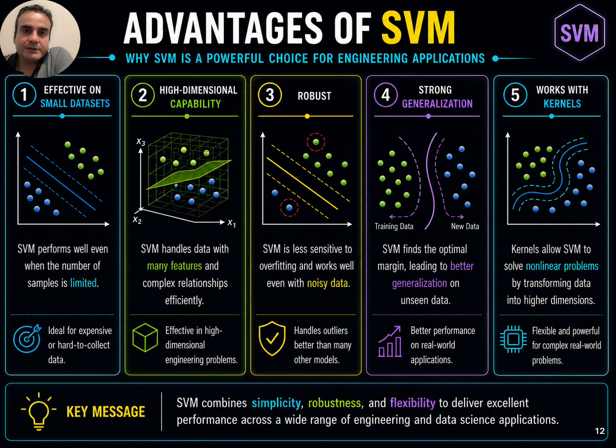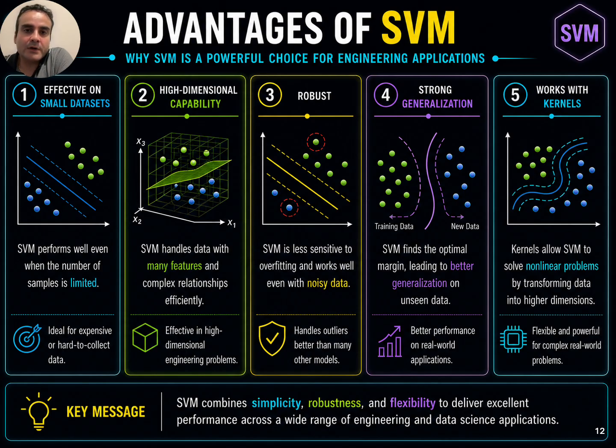Support vector machines are popular because they offer an excellent balance between accuracy, robustness, and flexibility. One of their biggest strengths is their ability to perform well even when only a limited amount of data is available, which is common in engineering applications because experiments are expensive and time consuming.